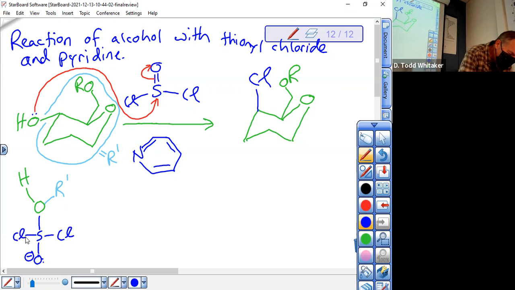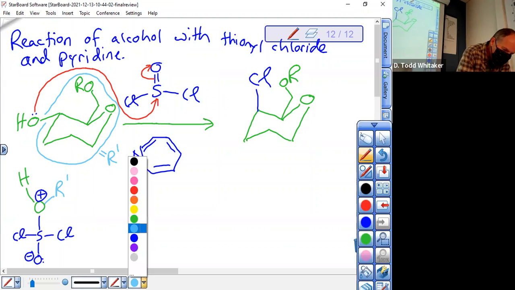Do not forget formal charge on an O that has 3 bonds and 1 lone pair is plus. Oxonium. And I don't know, what color arrows? Light pink.